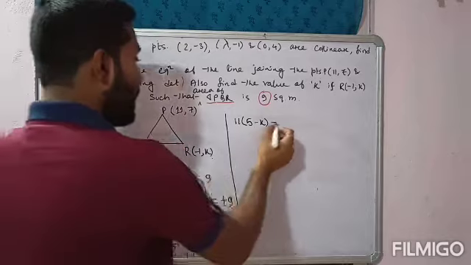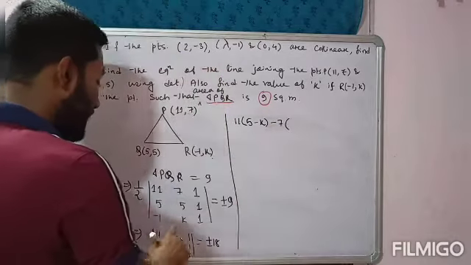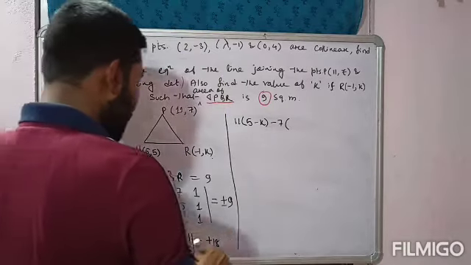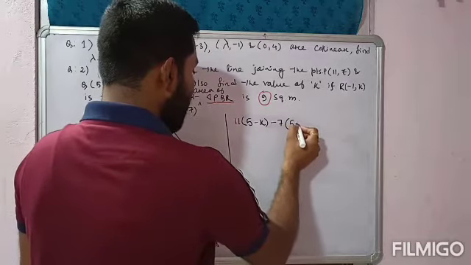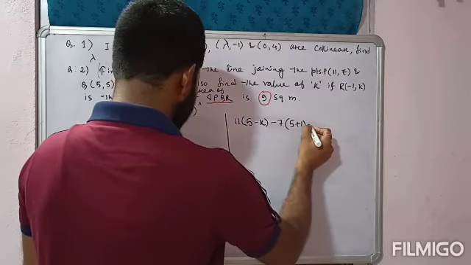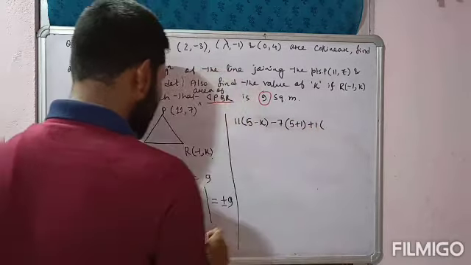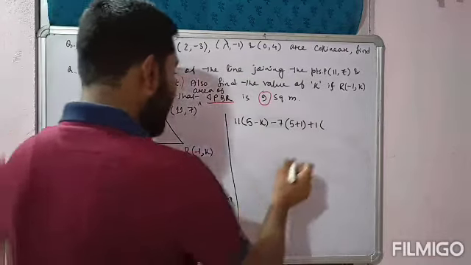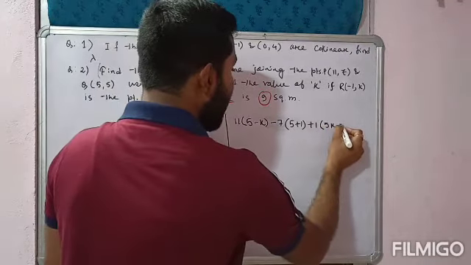The second element is 7. I am expanding along the first row. Delete the position of 7, again 5, minus minus plus 1. The third element is 1, so 1 into, deleting the position of 1, 5k plus 5.